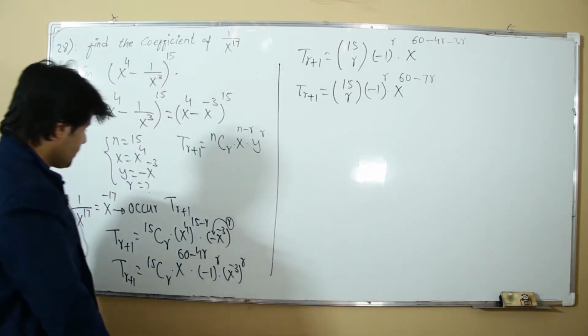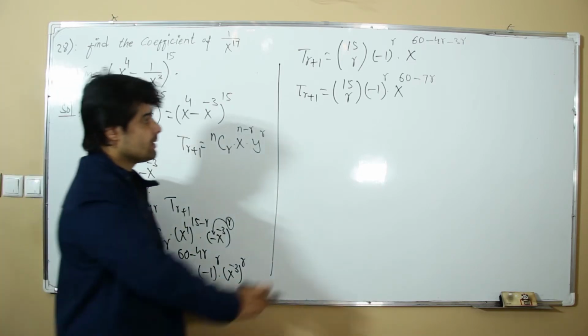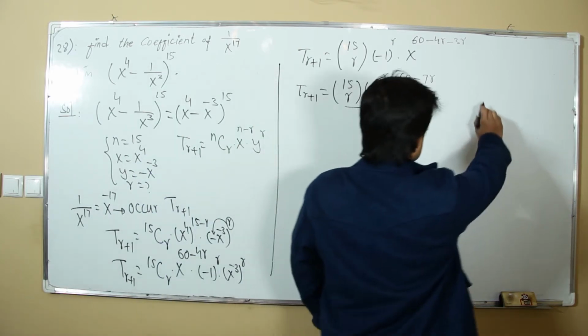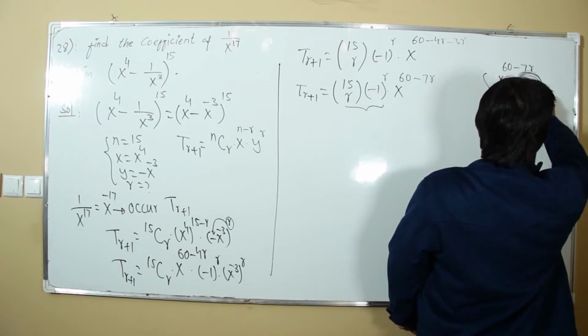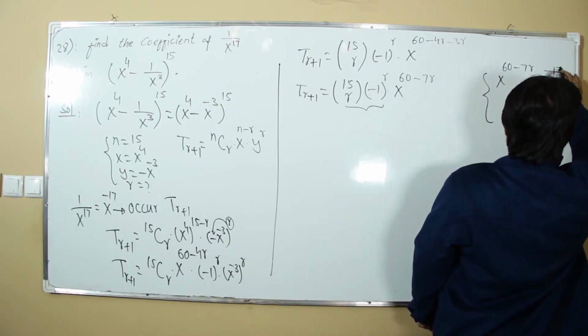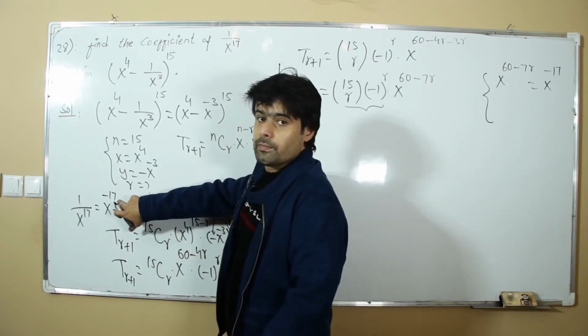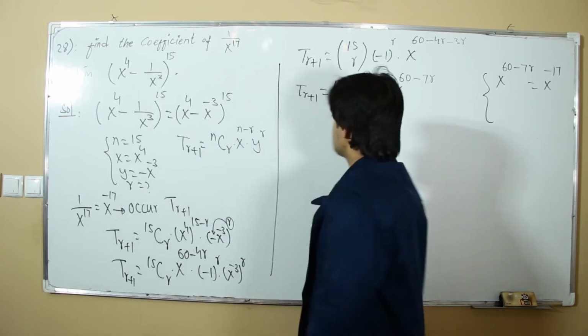Now your t r plus 1 is x to the power minus 17, and this one with this one, they are the coefficient. So x to the power 60 minus 7r should be equal to x to the power minus 17, which is the question, and you have to find the coefficient.